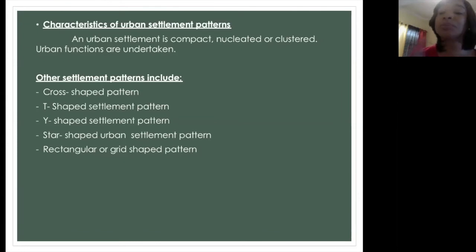Remember, when we talked about settlement patterns, we're talking about how the settlement is laid out, how the buildings are arranged along the roadways. So these are some different types of settlement patterns that you will typically see in an urban area. Now, don't get me wrong, the previous three are also found in urban areas. But as settlements develop in size, their settlement patterns are possibly able to change.